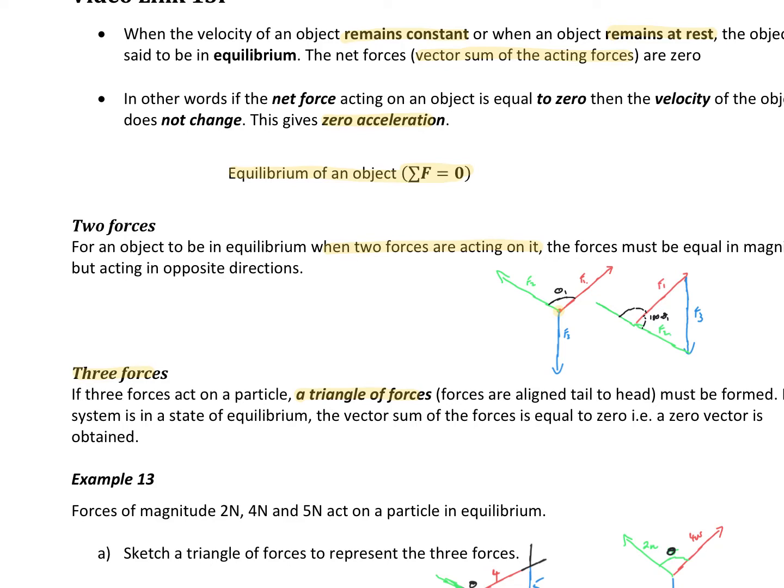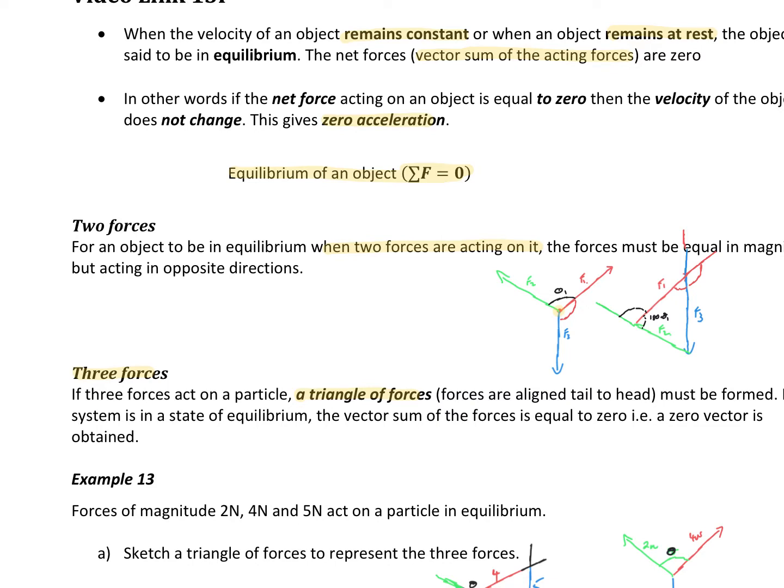Similarly, if we want to think about the angle between the blue and the red force, where does that angle match off? That's that angle there, isn't it? So again, that angle is going to be 180 minus that.